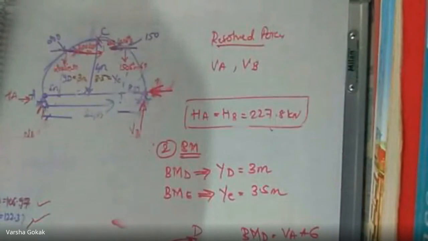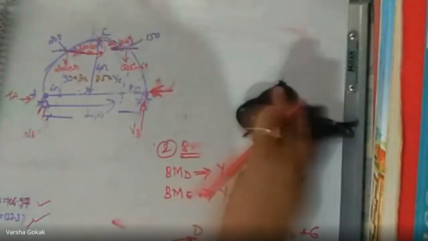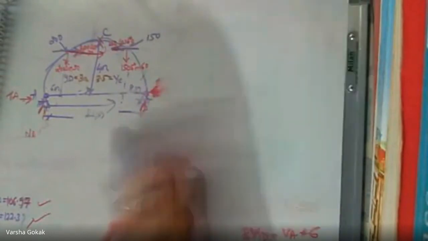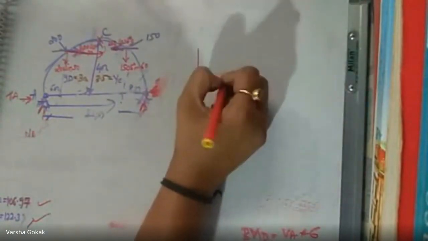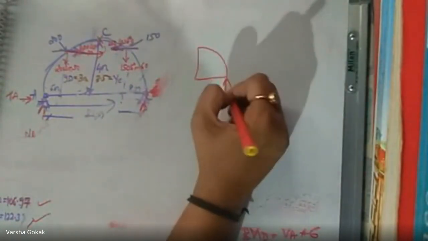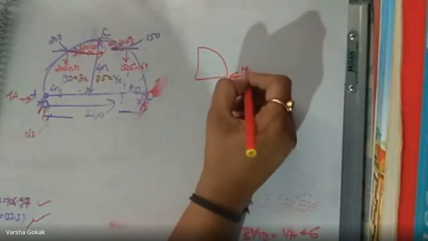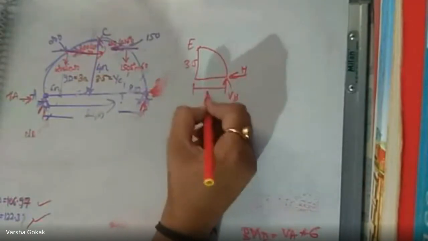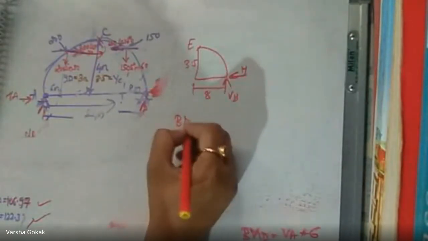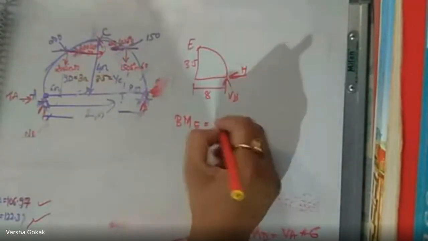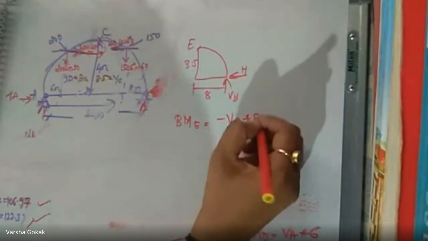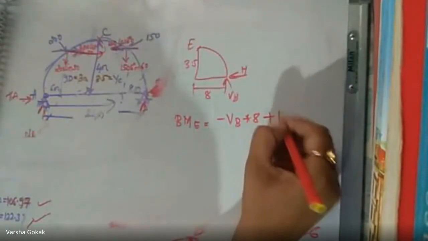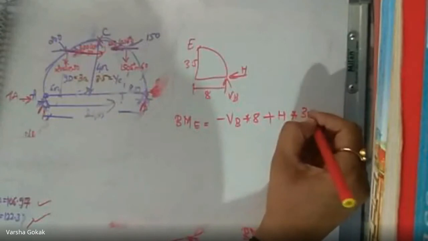Okay. Similarly, when I'm doing bending moment at E, only this part, right? I have a VB here and I'll have an H here, and this is your E, and this distance is 3.5 and this distance is 8. So bending moment at E is given by minus VB into 8 plus H into 3.5.